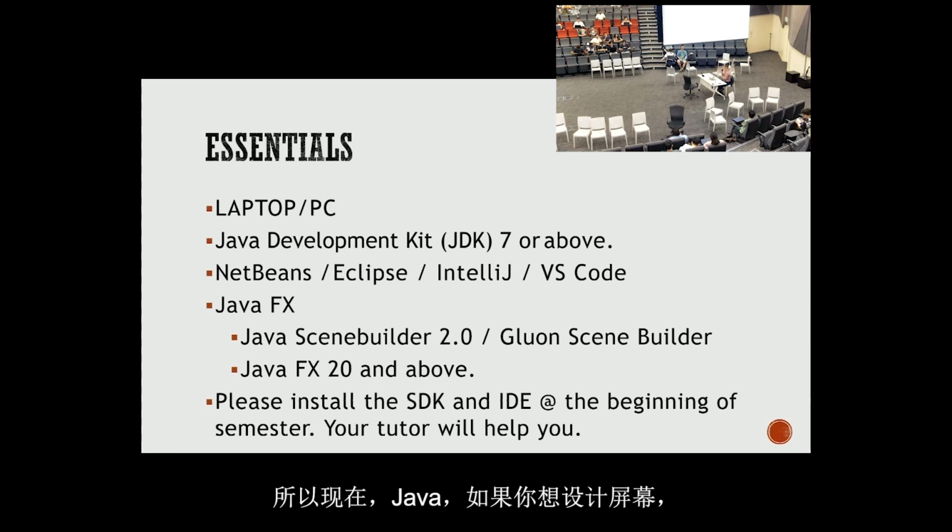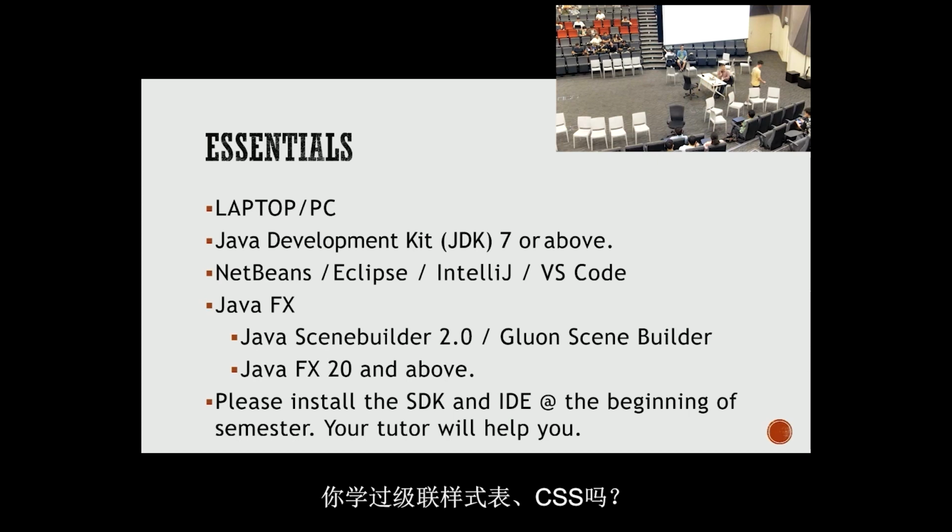So nowadays in Java, if you want to design a screen, you don't have to memorize, for example, the coordinate system anymore. You can just drag and place it in the right place and then code the internals. Of course, it comes with a bit of a requirement. Since it is going to be used over the internet as well, they make use of formats that are similar to CSS.